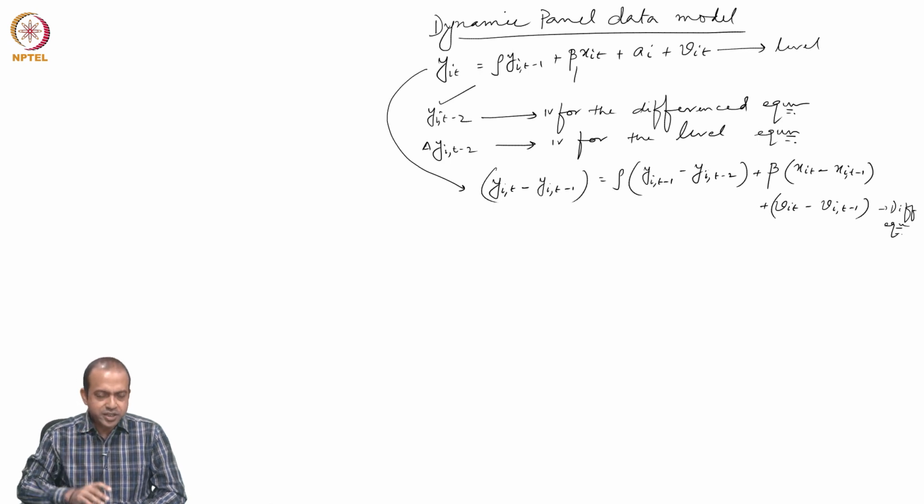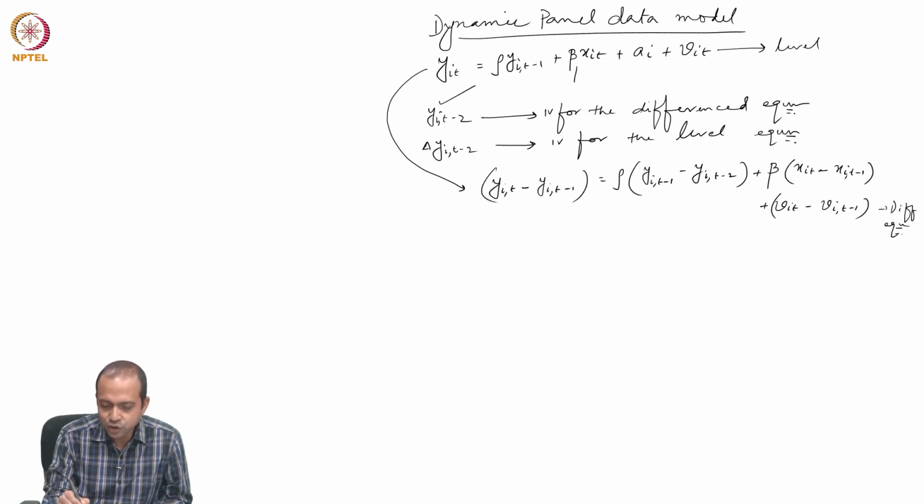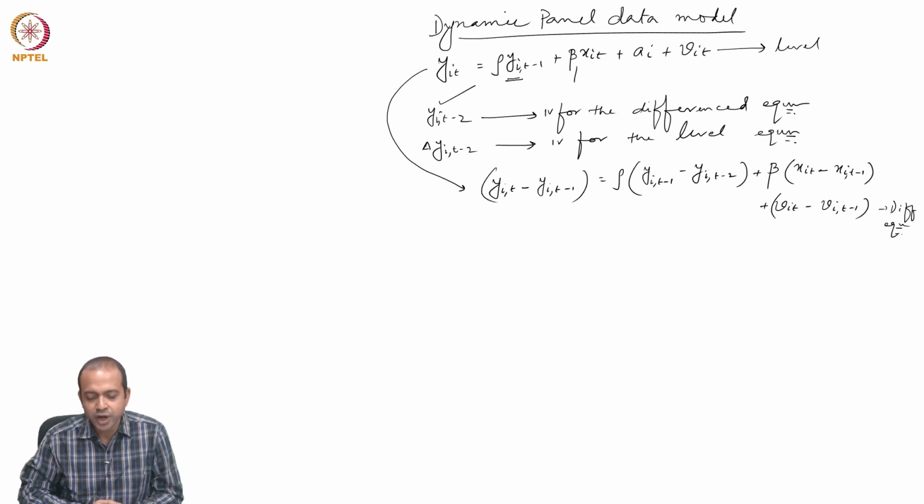Then what we were discussing yesterday, that these estimates are quite sensitive towards what variable you are considering endogenous. So far, we assumed that endogeneity is there only in yit minus 1. That means, lag of the dependent variable is the only endogenous variable and all other remaining variables are strictly exogenous.